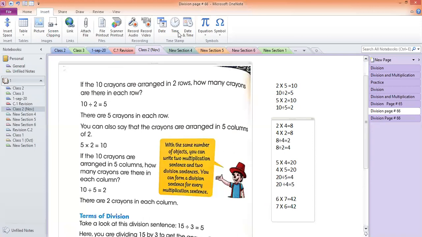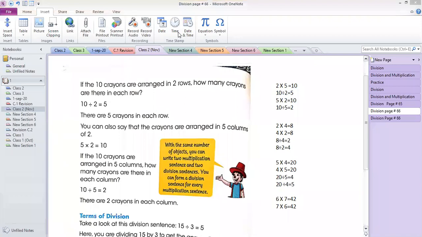Okay. Now I need one division sentence from one of you. Abdul Rahim Fadi, can you make one division sentence from these numbers? 6 multiplied by 7 equals 42.